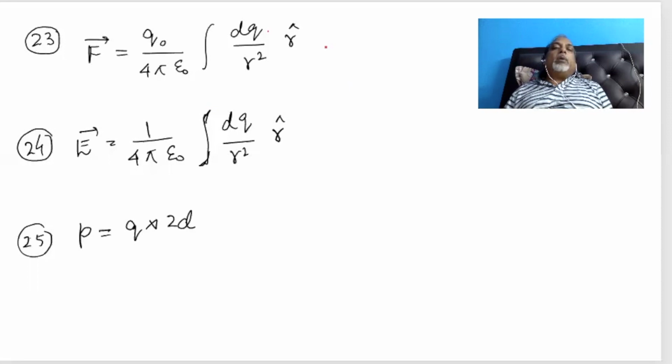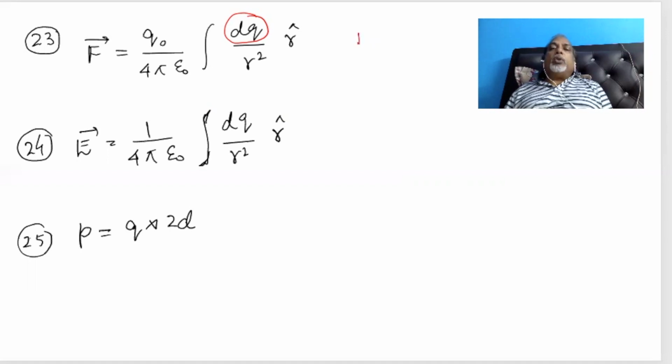Now let us talk about equation number 23. F is equal to Q0 upon 4 pi epsilon 0 integral dq upon r square r. Basically, this is a linear, uniformly distributed charge, or continuous charge distribution.